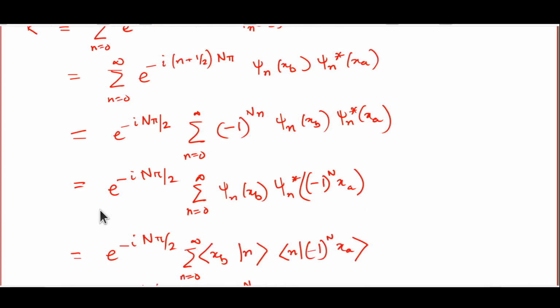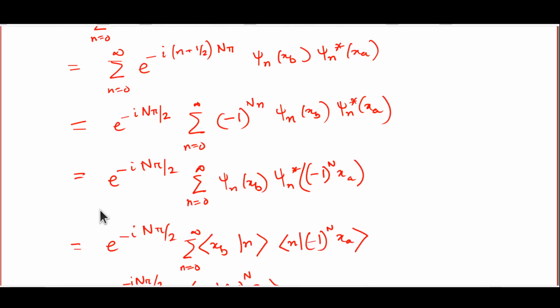And just to make the thing clearer from this point on, we replace the wave functions by the overlaps with position eigenkets, and you end up with e^(-iNπ/2) times the sum over n going from 0 to infinity of the overlap ⟨x_b|n⟩ times the overlap ⟨n|(-1)^N x_a⟩.